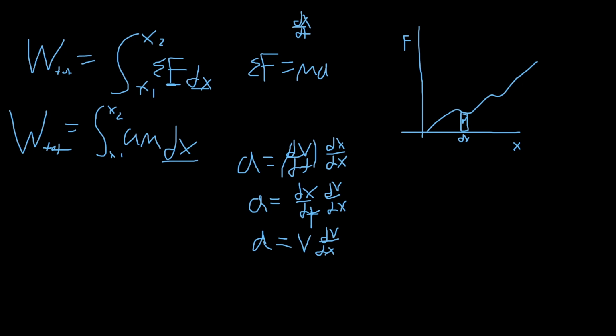And so we'll substitute this acceleration and we'll get total work equals the integral from v1 to v2 of, and we will write it in terms of velocity. The mass is constant, so we can take out the mass right here, and we'll have v times dv over dx times dx.